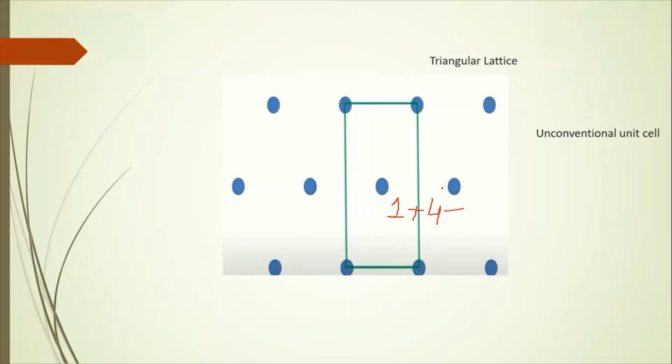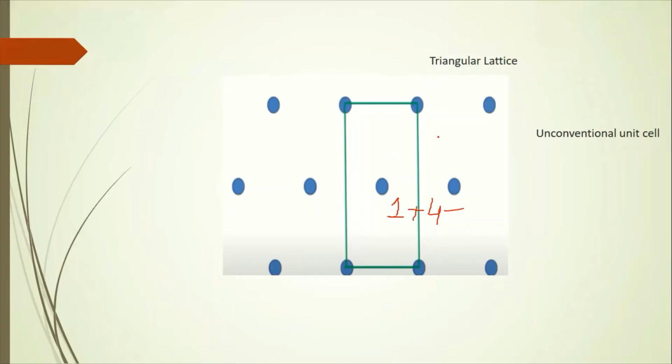It would be the triangulated space, and it's not a primitive unit cell because it has to include the lattice point, maybe split between the four.